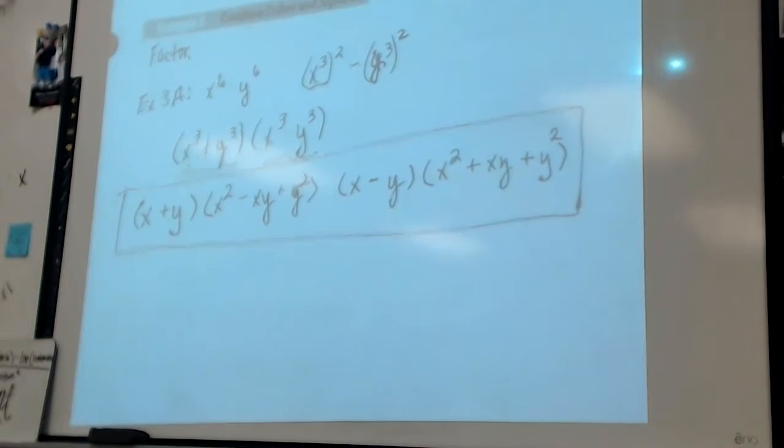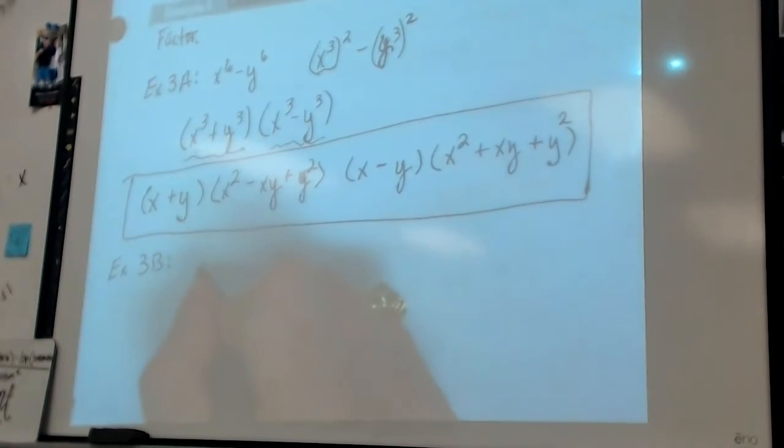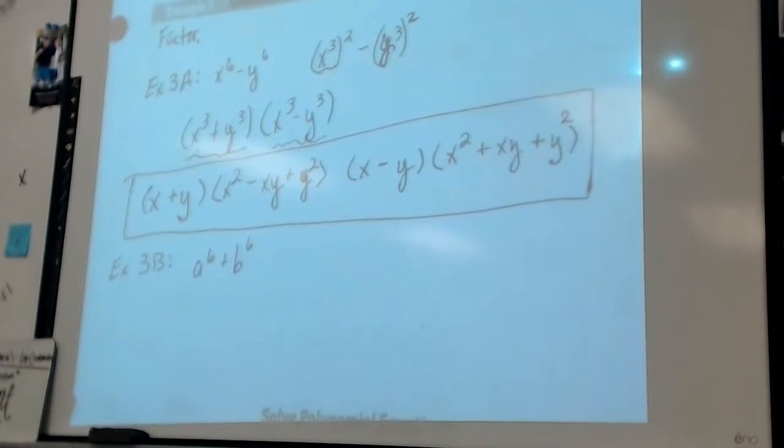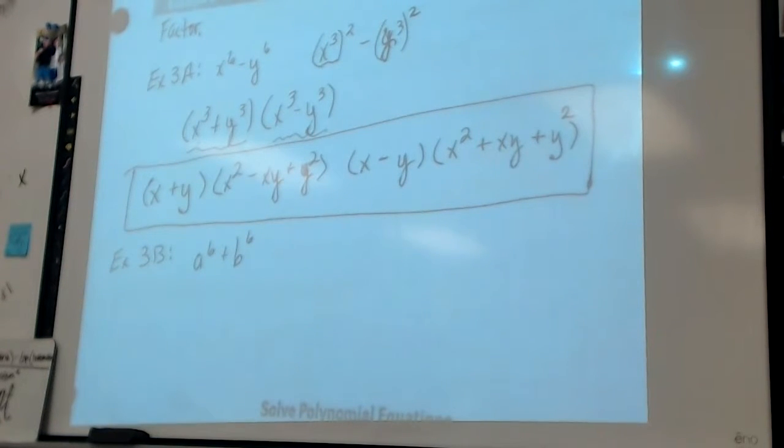All right. Now look at this one. We're going to factor this one also. A to the 6th plus b to the 6th. Okay. Now, does this one look similar to the one above?